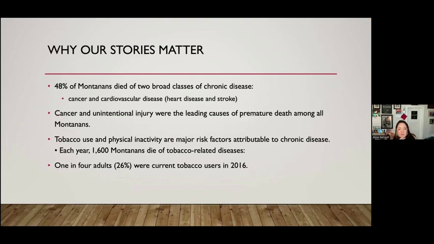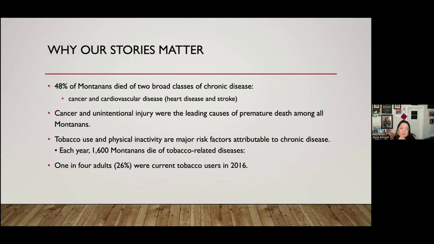So a couple things that I just wanted to share, when we think about public health, chronic disease being a really important part of that, cancer and cardiovascular disease here in Montana are very important sources of mortality and morbidity. We see that 48% of Montanans, this is within a specific time frame prior to the pandemic, died of cancer, heart disease and stroke and cardiovascular.